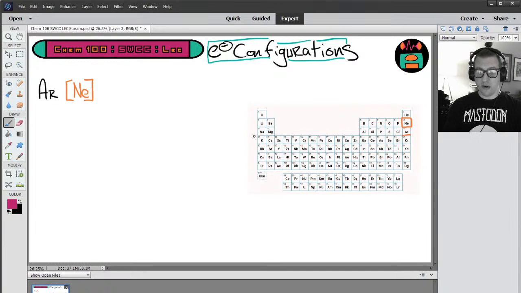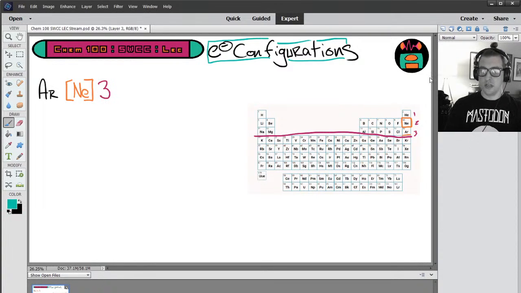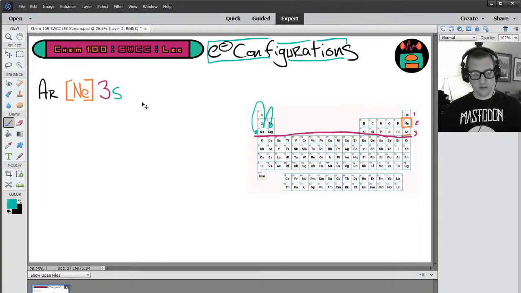Now, if you look at the period that argon's on, it's on the third period. We start on the very edge of the periodic table and count 1, 2, so we're 2 spaces in to the S block.